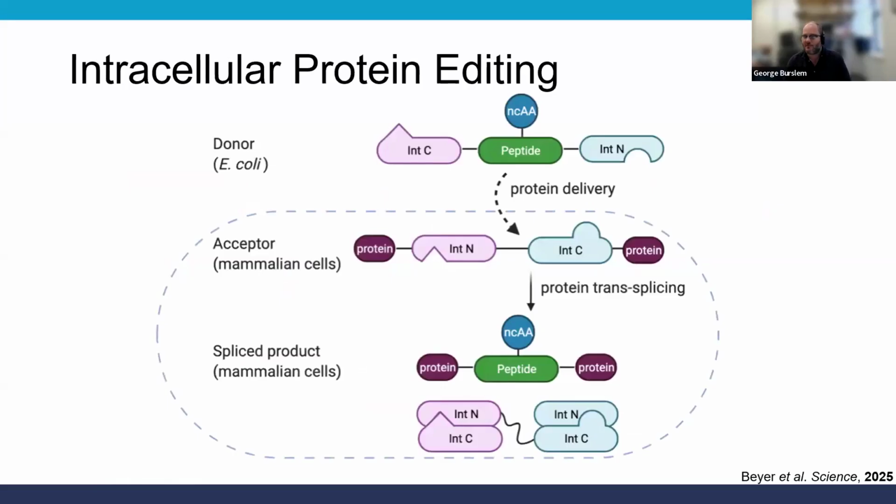So the idea was to put together two orthogonal pairs of inteins. You can see them color-coded here, and also with complementary shapes. With two pairs of those, we could do a kind of copy and paste, or cut and paste, reaction and splice a sequence that we can do chemistry on from outside of cells into cells, and therefore edit the sequence of a protein and incorporate non-canonical amino acids.